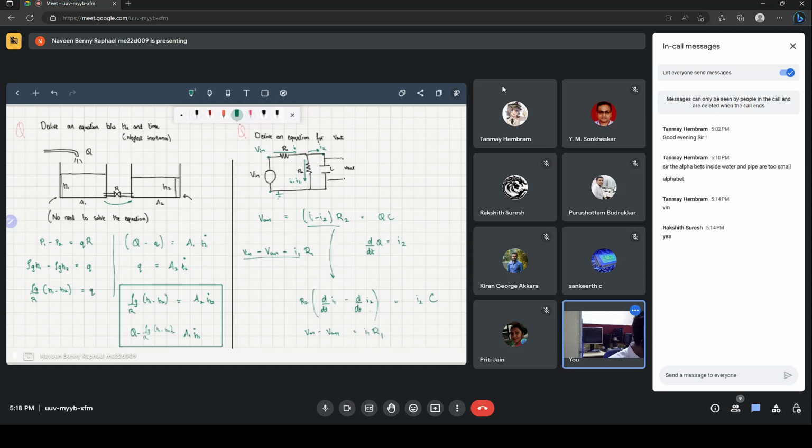So here we have two equations and two variables and a coupled set of equations, and therefore this is the model of the system.